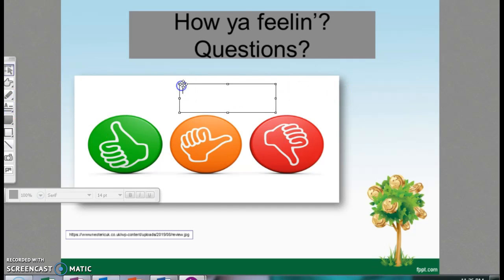Ticket out the door, 5.01 to 5.02. Oh, it's not typing. Let's try that again. Ticket out the door, 5.01 to 5.02. And the password is money. Something we're going to be talking a lot about in Unit 5.